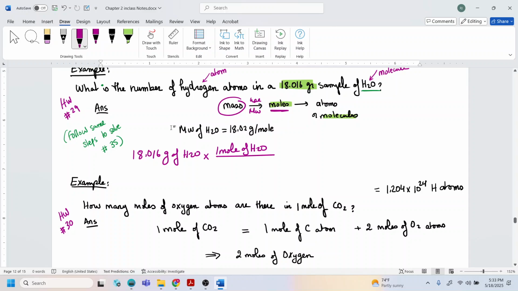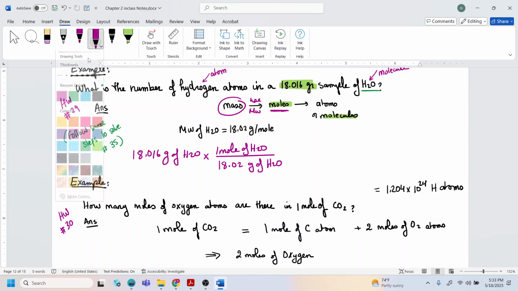So calculate it. The molecular weight is 18.02. So that is 18.02 grams of water. Okay, guys. So once you get that, you got the moles of water. By simply canceling the units, you got the moles of the water.